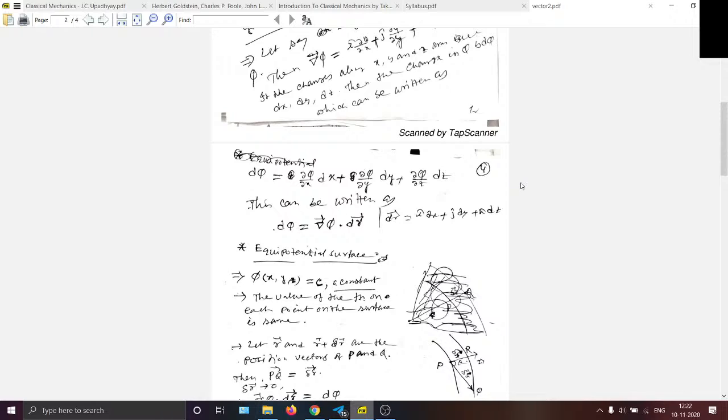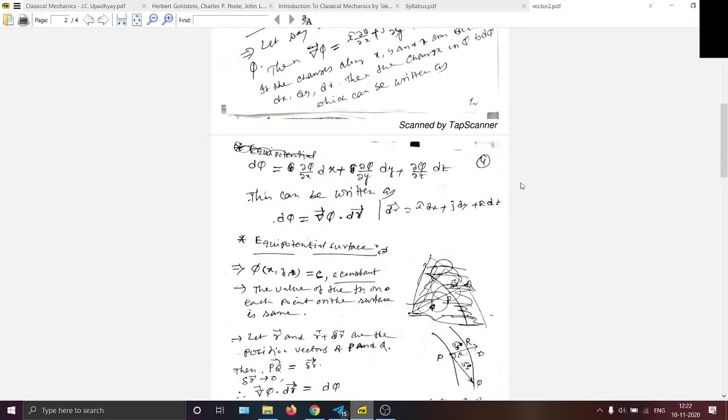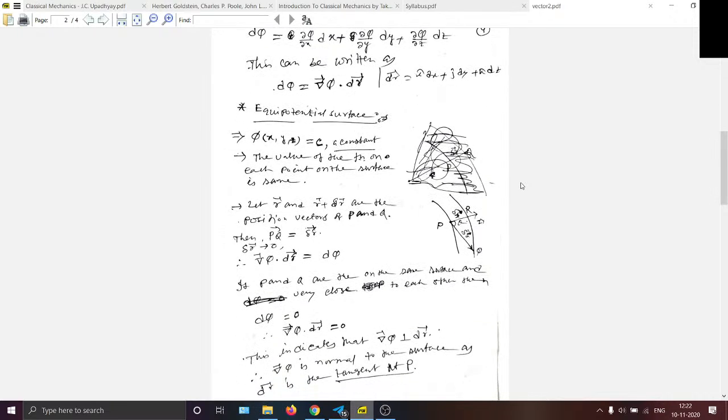I can write in the vector form dr is equal to i cap dx plus j cap dy plus k cap dz. So now d phi is equal to grad phi dot dr. That means grad phi dot dr will give you the small or infinitesimal change in your function phi, which is d phi.